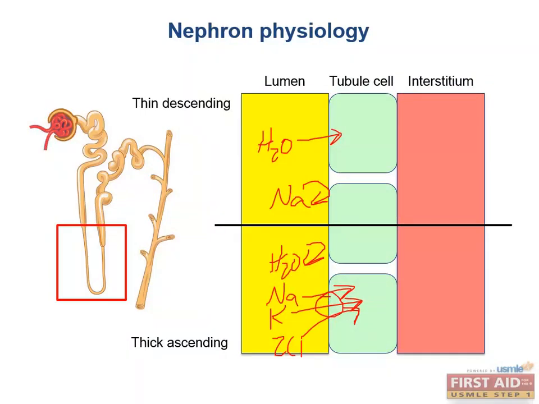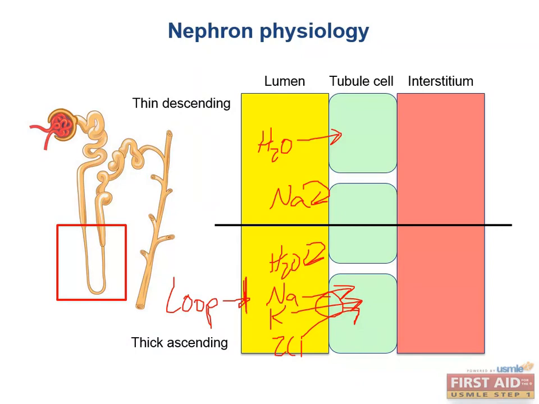This is a very important co-transporter because loop diuretics, such as furosemide, inhibit this co-transporter, leading to substantial diuresis with loss of sodium, potassium, and chloride, along with water, of course.